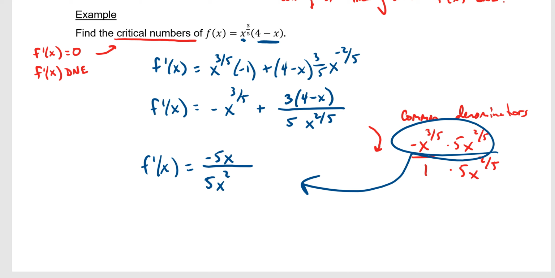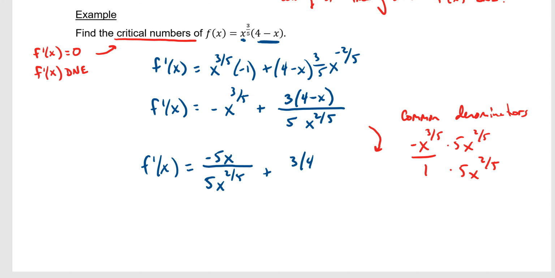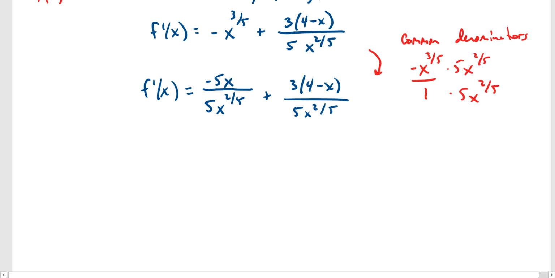The denominator, we have the common denominator that we wanted, 5x to the 2/5, plus that second term. And since we just got the common denominator, the whole point of doing that is to combine them into one fraction, right? So combining these into one fraction, I'll leave it to you guys just to check.